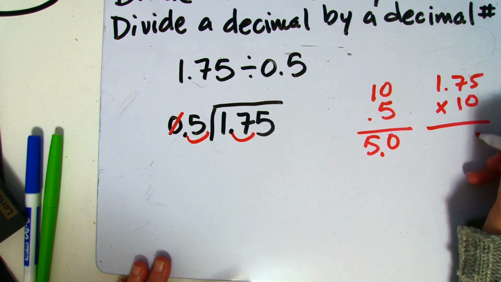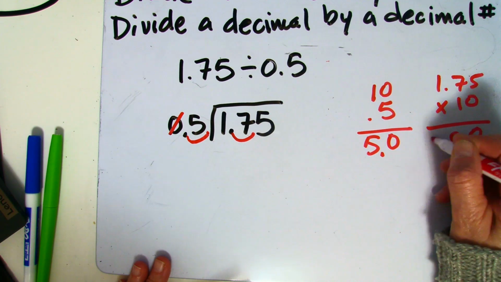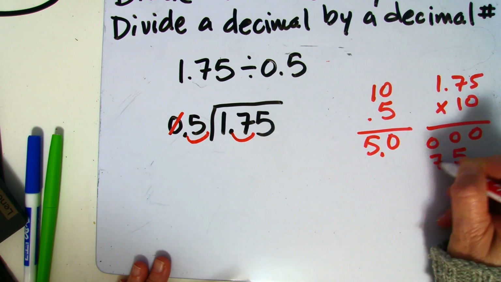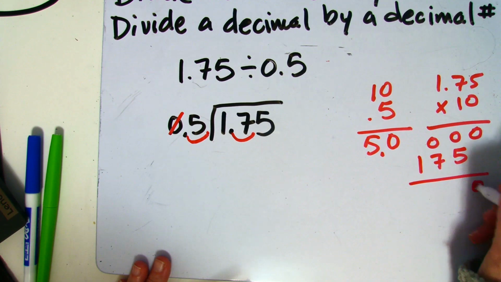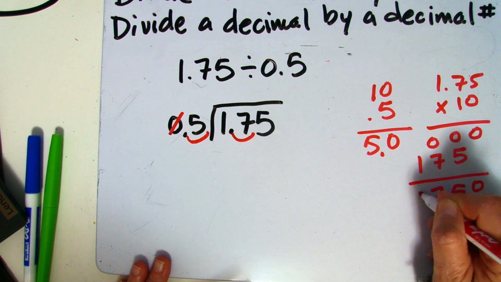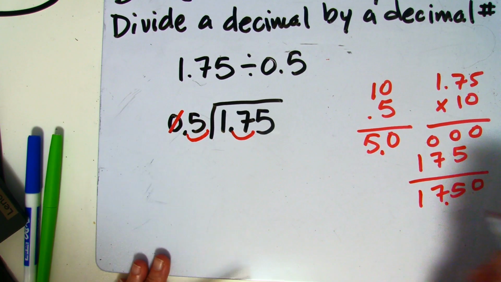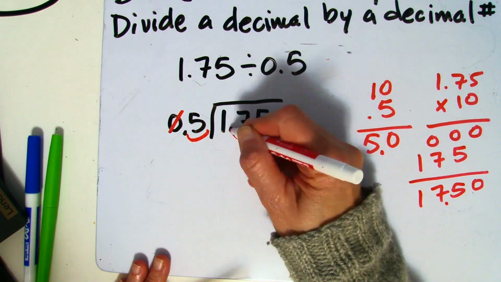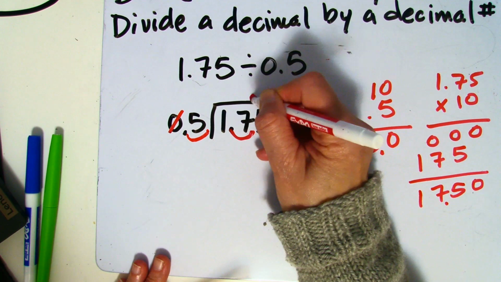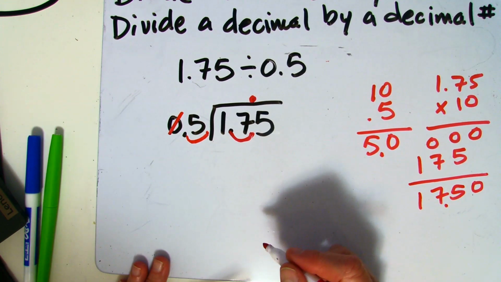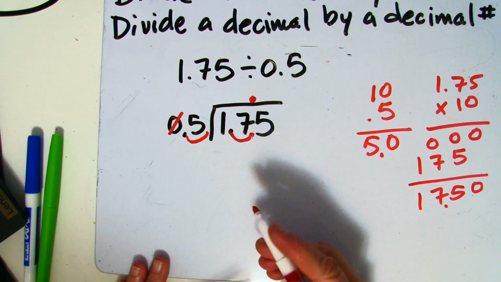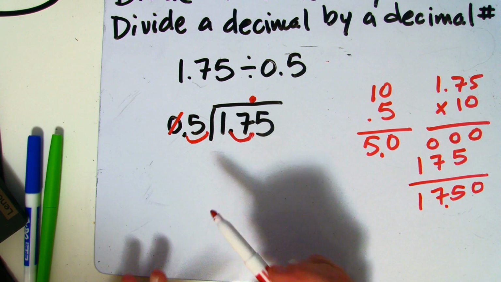When I multiply this out, I'm going to get 1750. So when I bring it over 1 space to the right, I'm going to bring my decimal point into my quotient, and now I'm going to do my division.